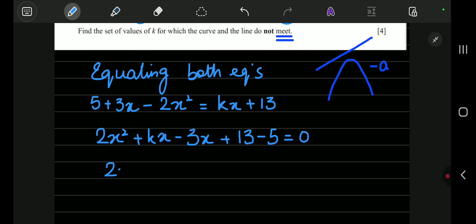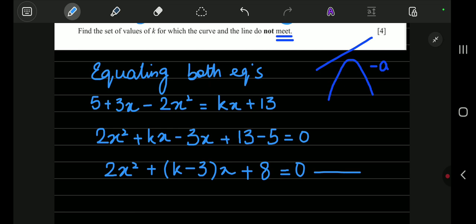So it will become 2x squared plus (k minus 3) whole x plus 13 minus 5 is 8. Okay, so this is your quadratic equation.